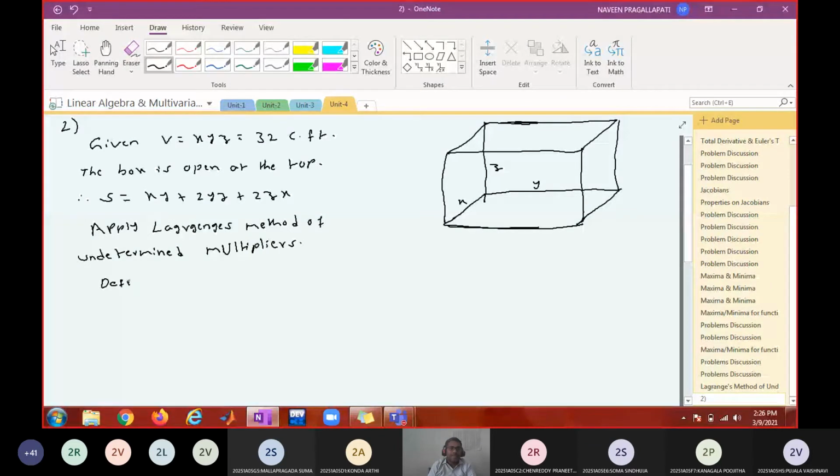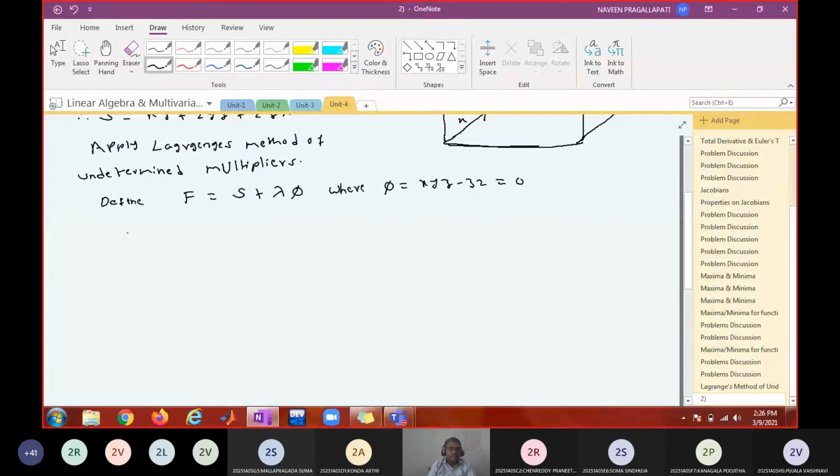Define f equal to s plus lambda phi, where phi is equal to xyz minus 32, which is equal to 0. So find out three partial derivatives and equate them to 0. Dou f by dou x equal to 0, dou f by dou y equal to 0, dou f by dou z equal to 0.